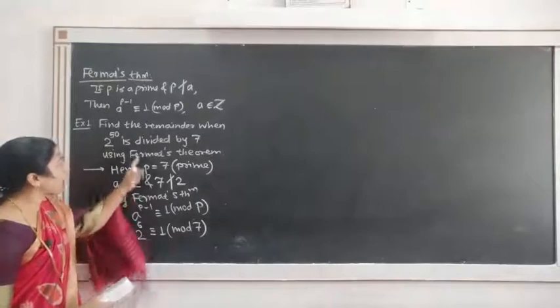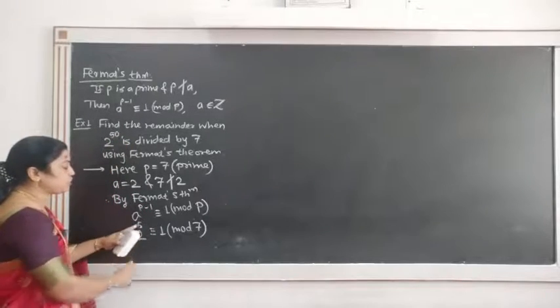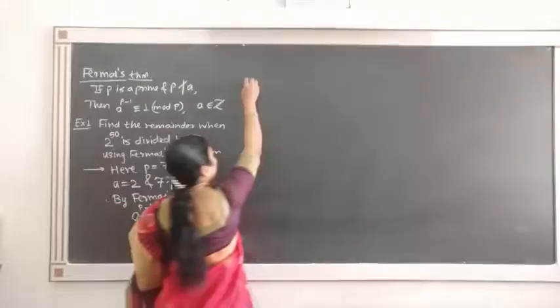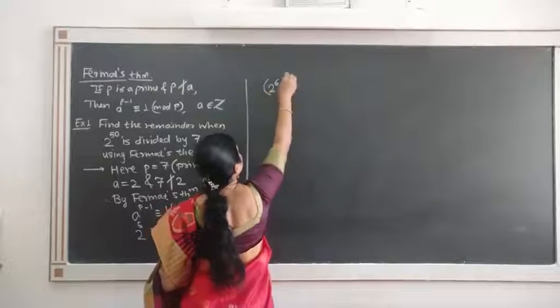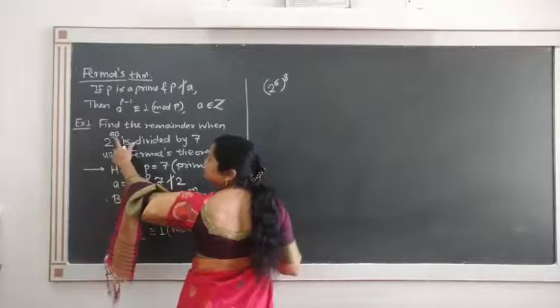We want to find 2 raised to 50. So we will see which power of 6 is closer to 50. We will consider 2 raised to 6 raised to 8, so that it will be 48, nearer to 50.